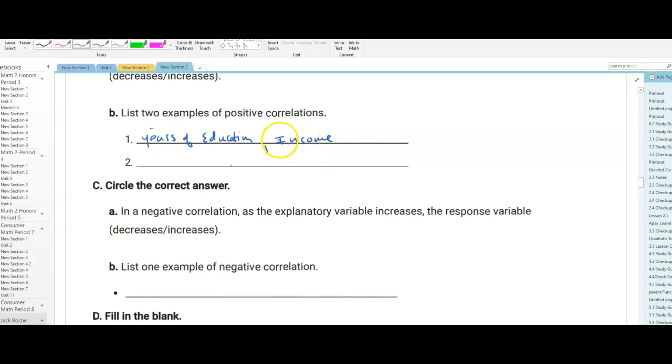The more years of education, the more you would make. Another one would be sales increase and say profit. Okay, so this is a way of saying, like, if your years of education is your input or X value, meaning you're dependent, your outcome, which is your Y value, would be higher income. Okay?